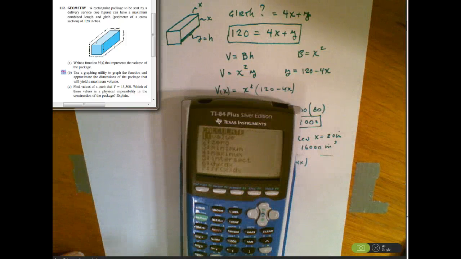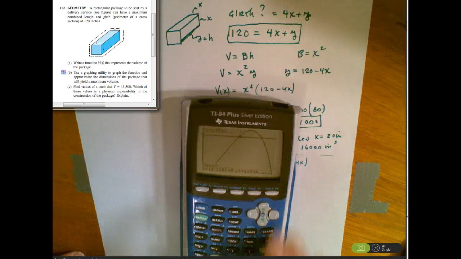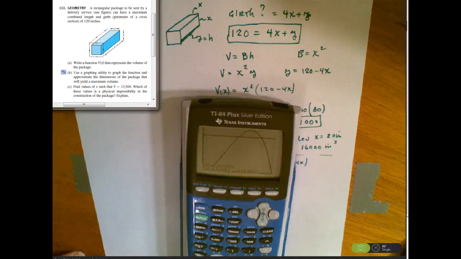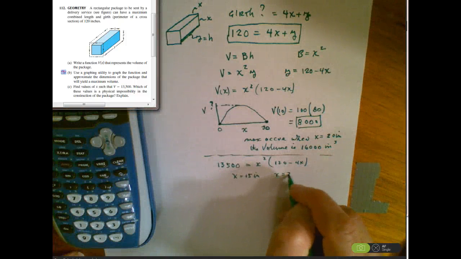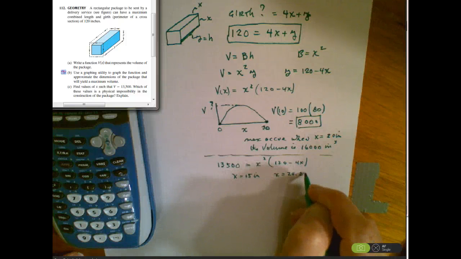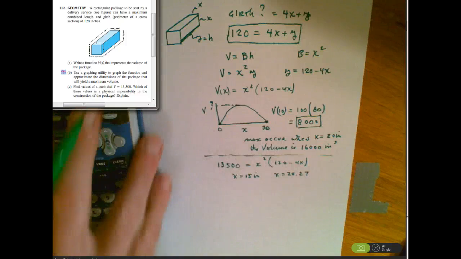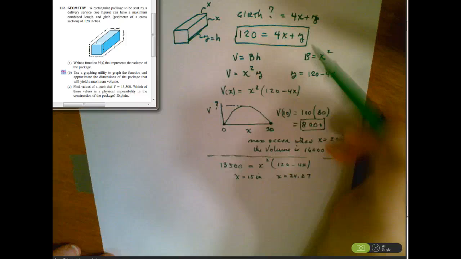Second calc intersect, curve, yes, yes, yes. And now let's guess over to this other one. And that one says the x value would be 24.27.